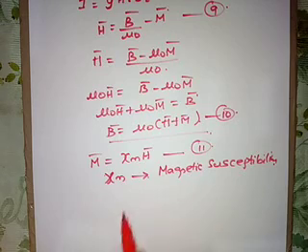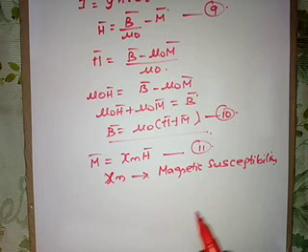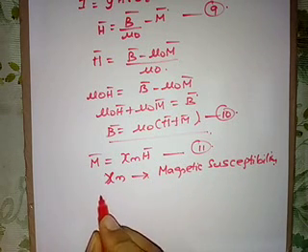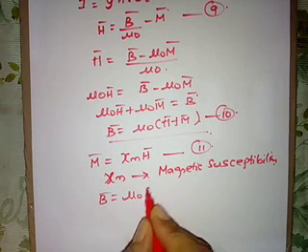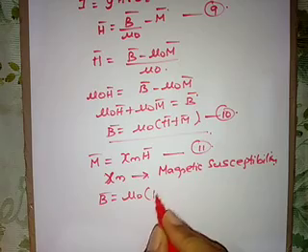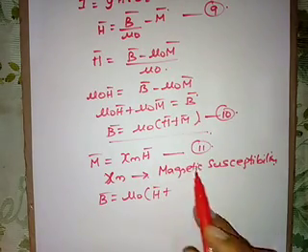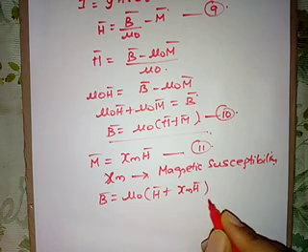If we substitute this value of M bar from equation 11 in equation 10, then we get B bar is equal to mu naught into H bar plus M bar, and M bar is xi m into H bar.